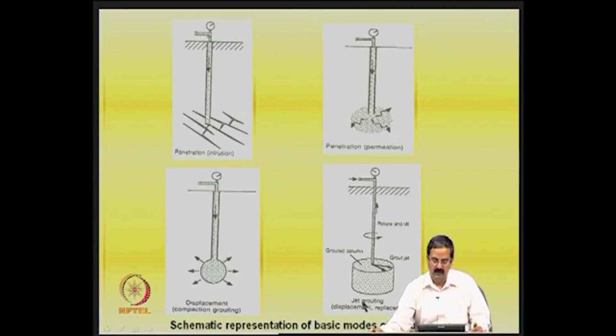Then you have another one called jet grouting, which is again a displacement process, where there is some action of the jet that comes into picture, it rotates and all that. We will see some videos now.